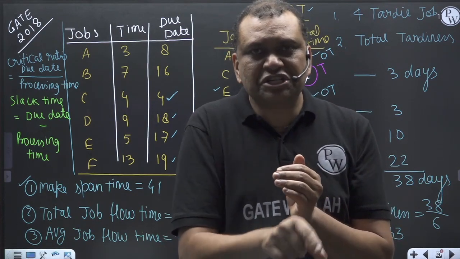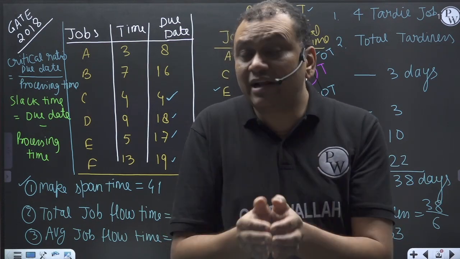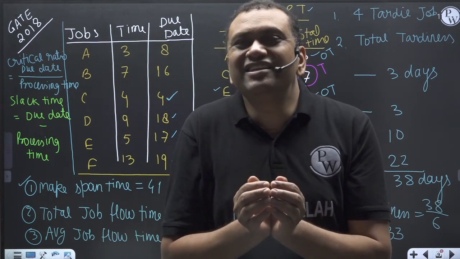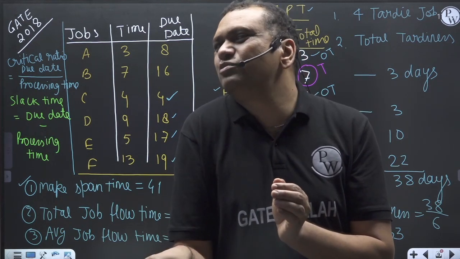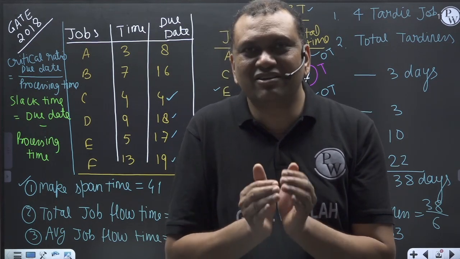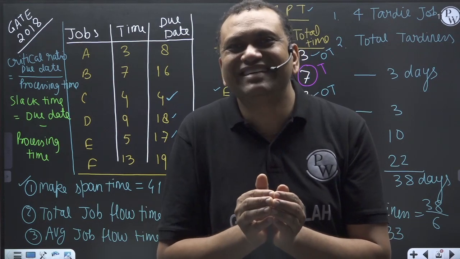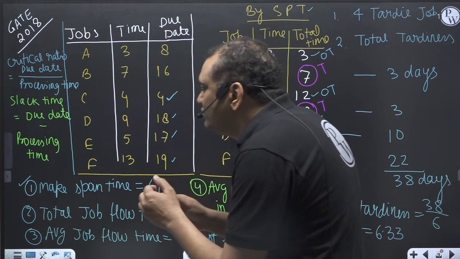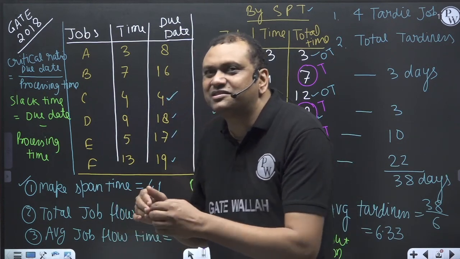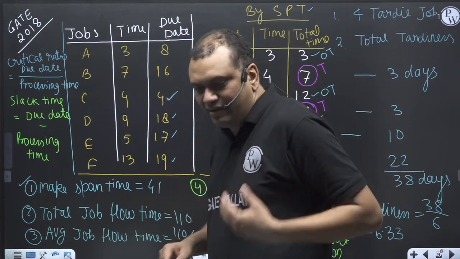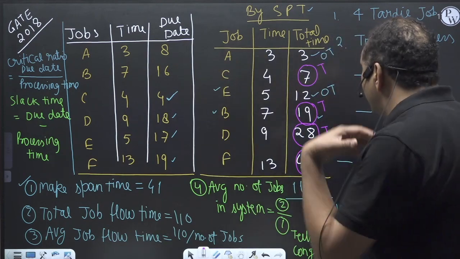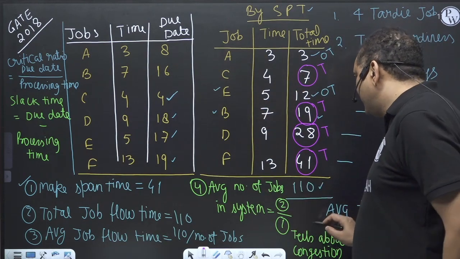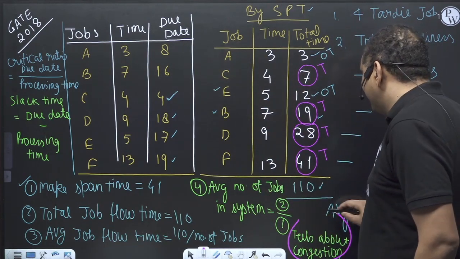All the stations of the input bin have products. So the AGV is waiting for space to be created. This is called blocking of AGV. So when there are too many components in the system, it leads to blocking. So this average number of jobs in the system tells you about the congestion.